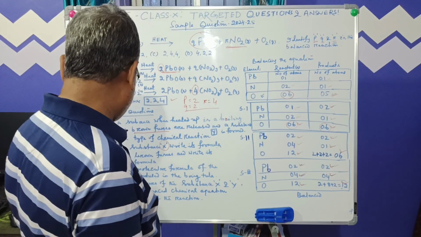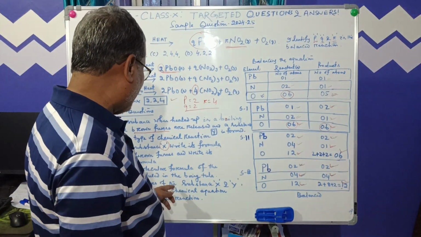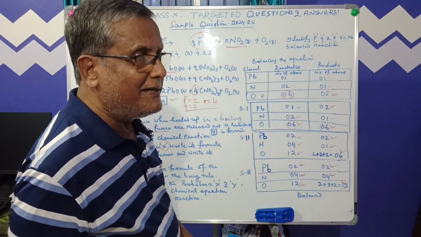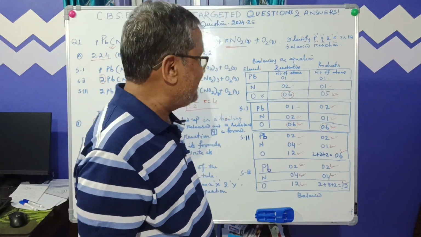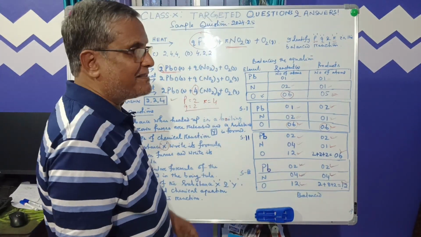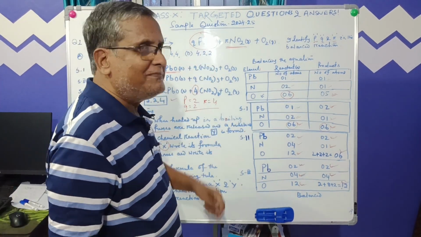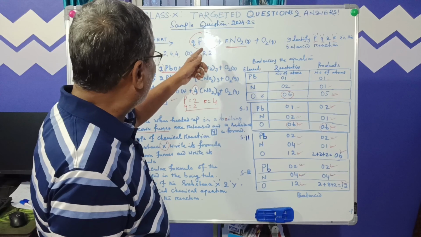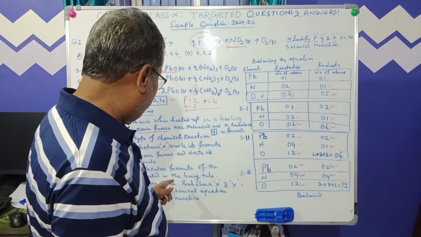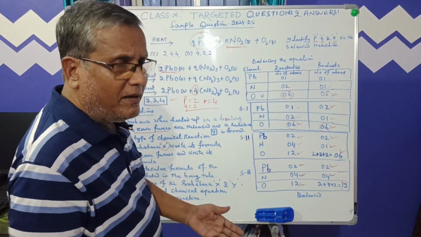Now you see, write the colors of the substance X and Y. This is a very tricky question. X is colorless, but actually it turns yellow when heated up. This question was asked in a different mode.